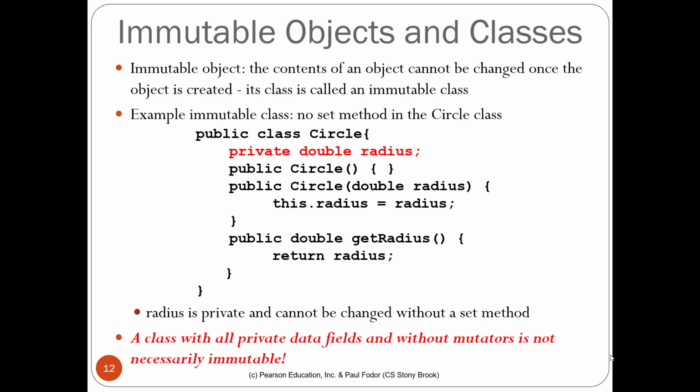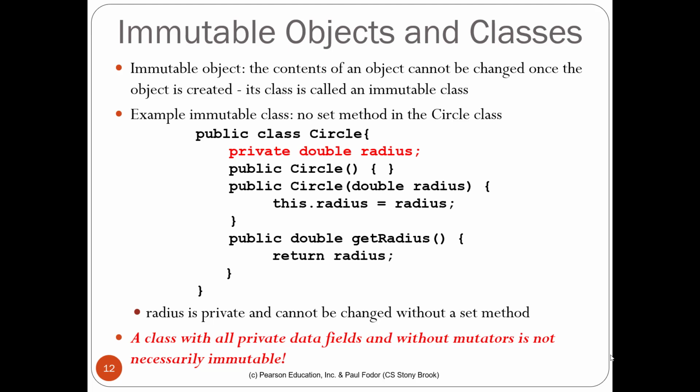Now you should understand that we will be making all our data members private. That's how we should be doing it. Now if you create an object, and for that object you have declared a class in such a way that the class does not have any public data member, and the class also does not have any setter.